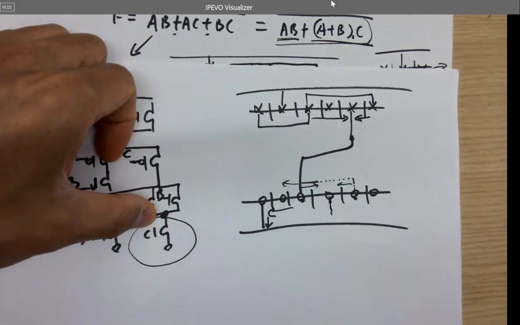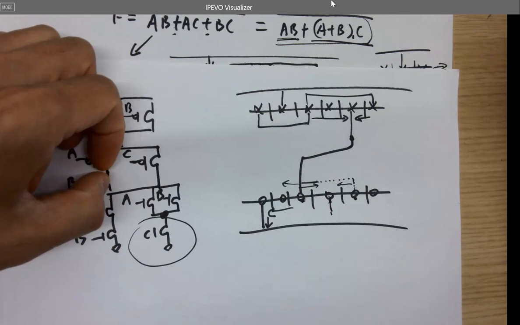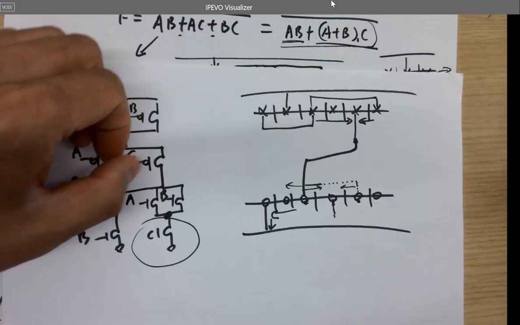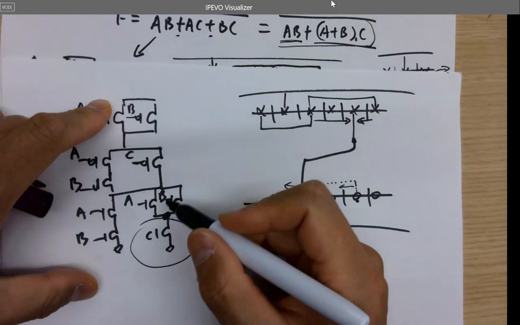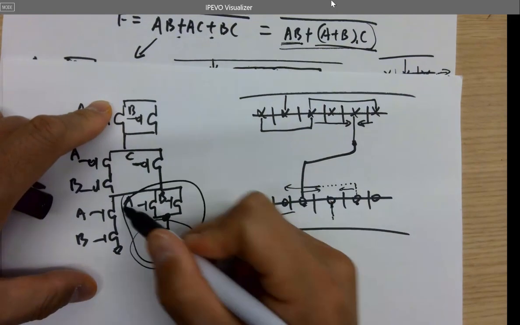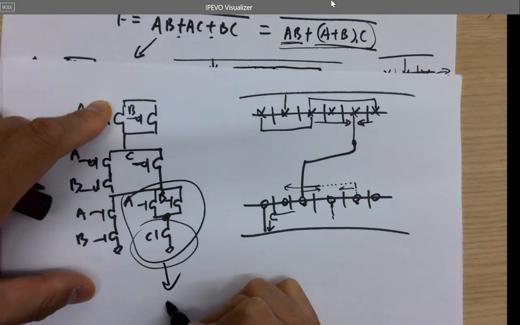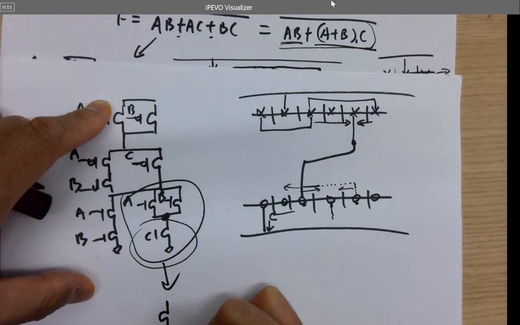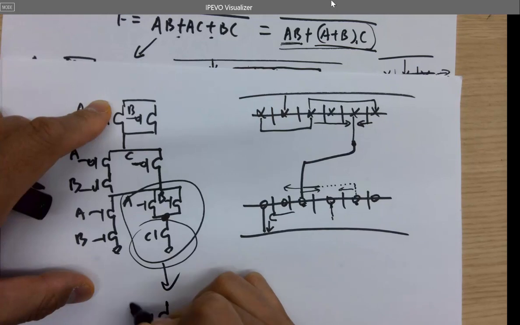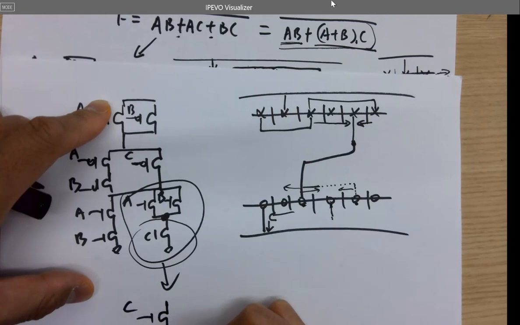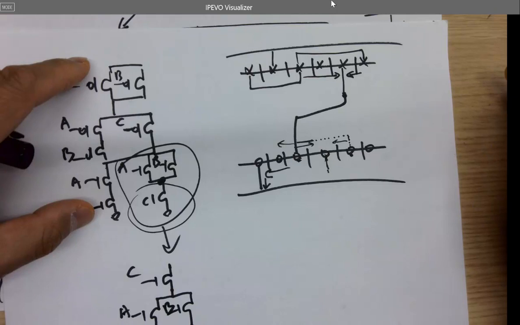The original schematic, how do we redraw it? That's right, yes. Just swap C and A B in parallel, right? So replace this guy with okay.